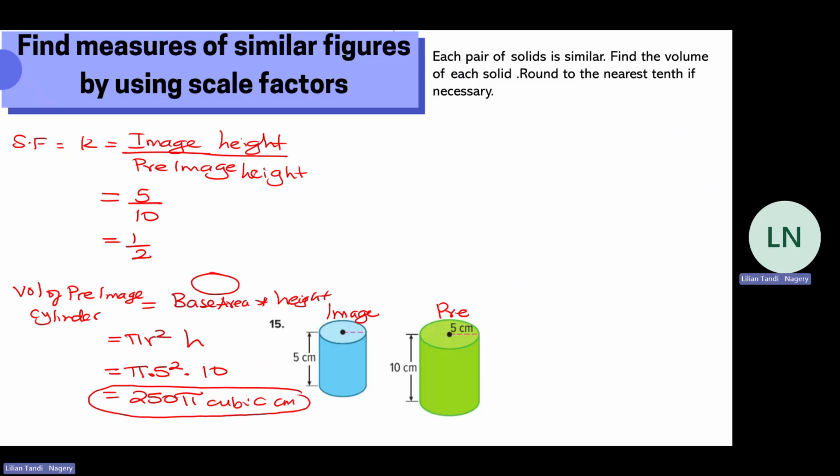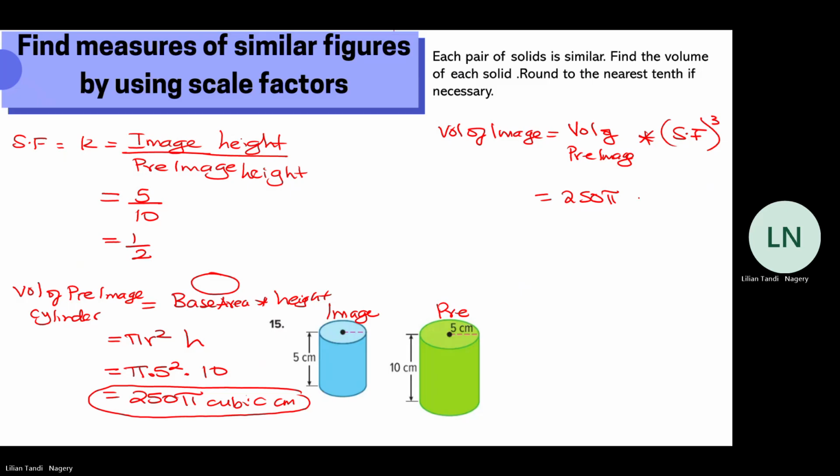Continue from here. So now we want volume of image. So we're gonna do volume of image equals volume of pre-image multiplied by scale factor. And your scale factor should be cubed. So volume of pre-image is 250 pi. And you're going to multiply by the scale factor, which is 1/2 cubed. This should give you 125/4 pi.